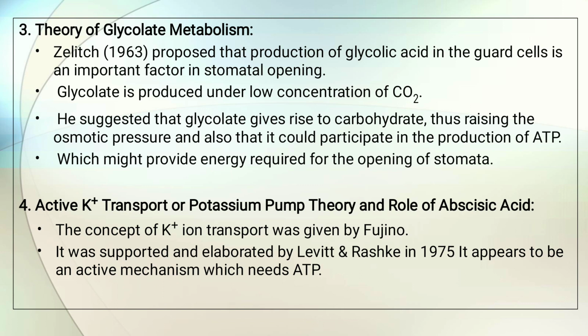Abscisic acid then induces the process of acidification in the guard cells, which results in lowering of pH. At a low pH, starch is synthesized and thus the osmotic pressure of the guard cells falls and water moves out of the guard cells to the subsidiary cells. Guard cells then become flaccid and the stomatal pore is thus closed.